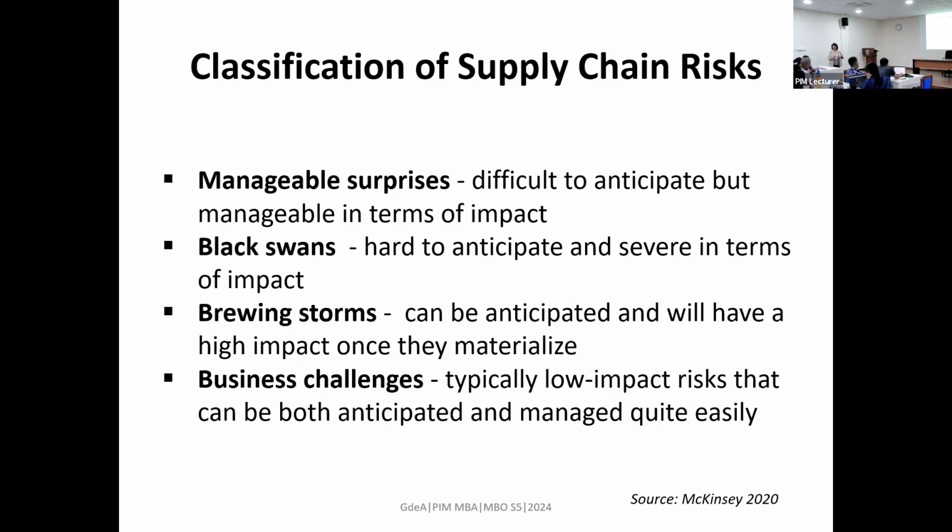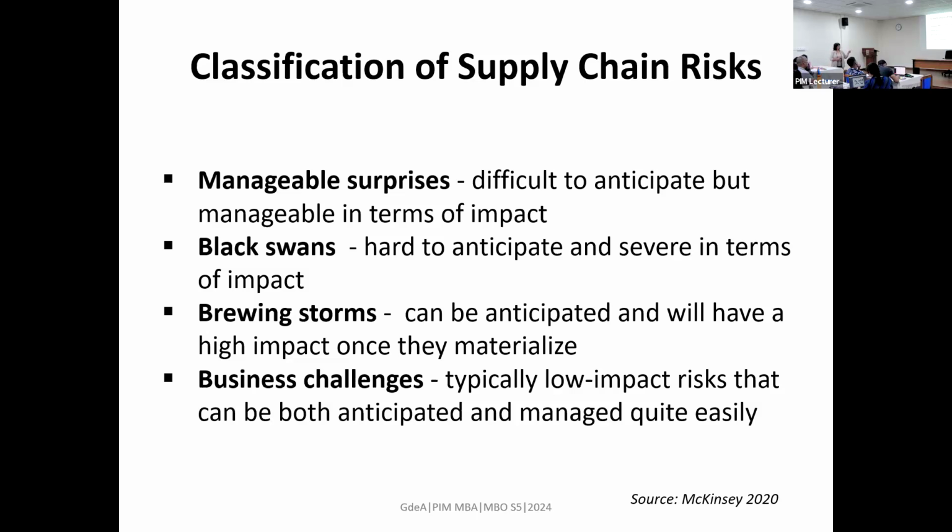You don't know when it will happen, but you can still read it, when workers are up in arms and work to rule and that kind of stuff. But suddenly, when something goes wrong, if you have a proper backup plan, you can activate that plan and manage it. So it's manageable, right?